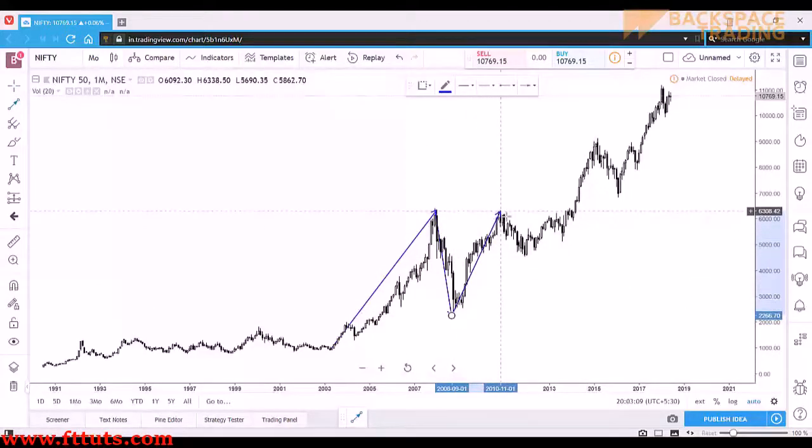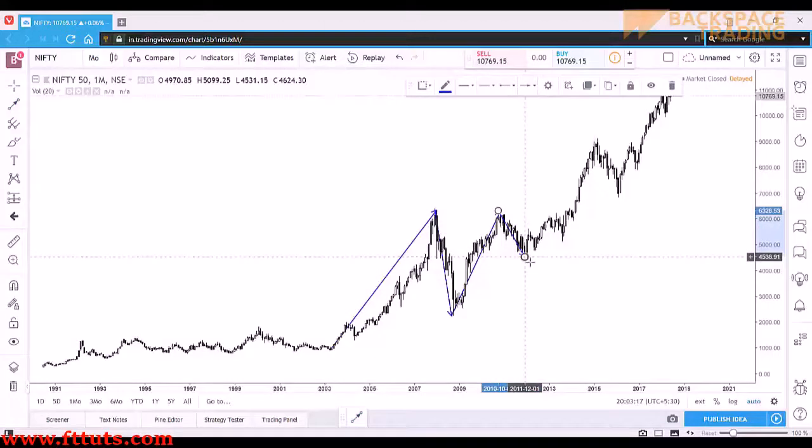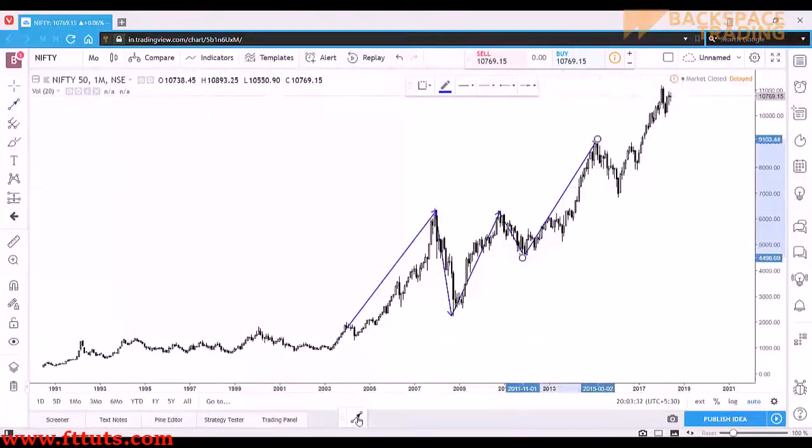Price makes equal highs, price goes down making a low, but it is again another higher low compared to this low, right? And it goes to a new high. This is called a higher high.